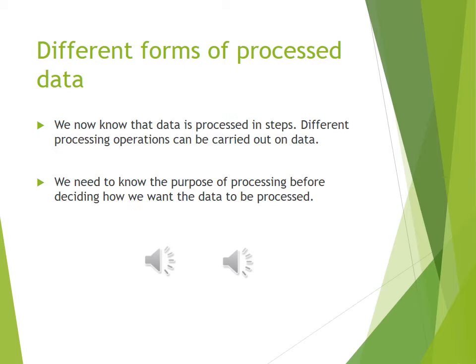In this video, we will study different forms of processed data, as different steps are required in data processing. Different operations are required to carry data, and we are also required to decide how we want the data to be processed, because whatever instructions we give to the computer, it will follow the same.